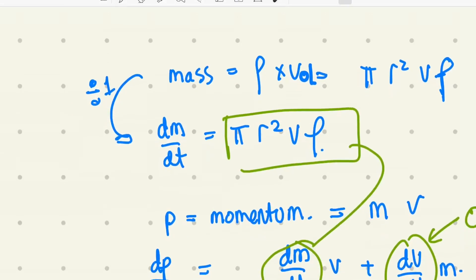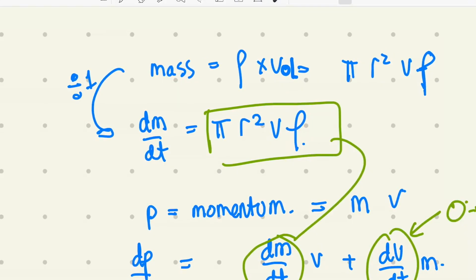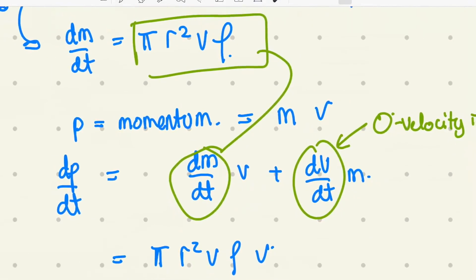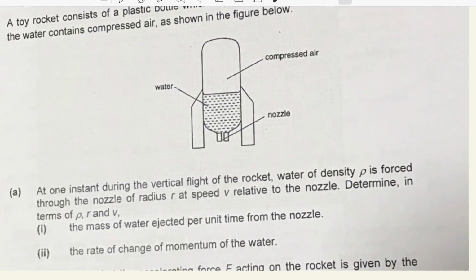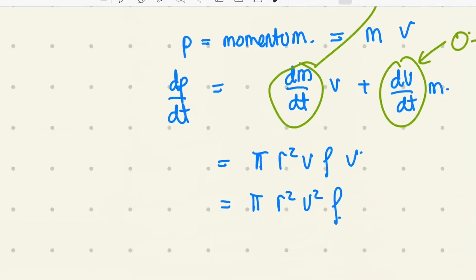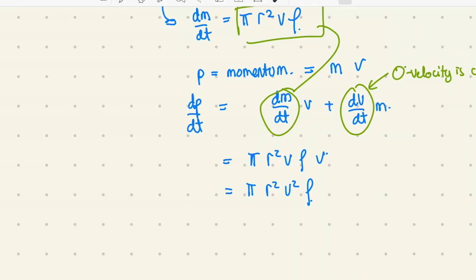Then dm/dt equals πr²vρ, same as the mass because we just divide by 1. Then the momentum, mass times velocity. Then they ask for the rate of change of momentum. They specifically mention rate of change of momentum of the water.